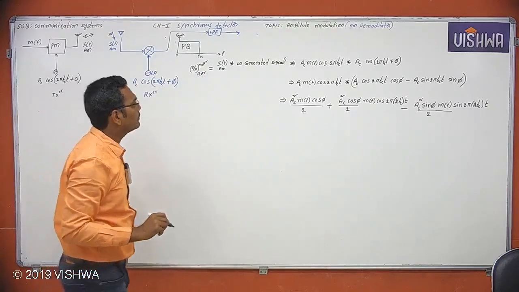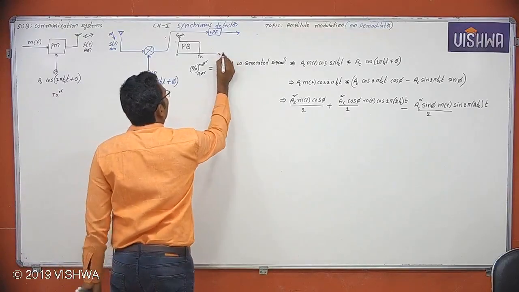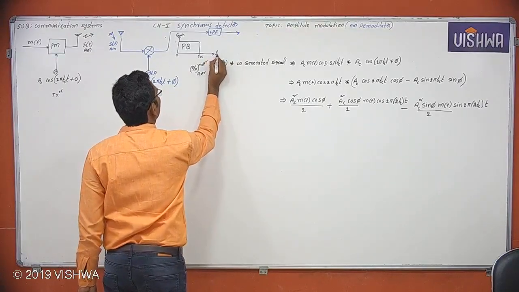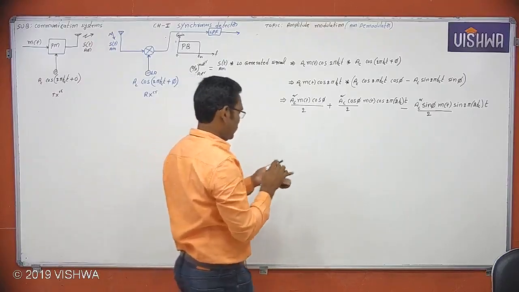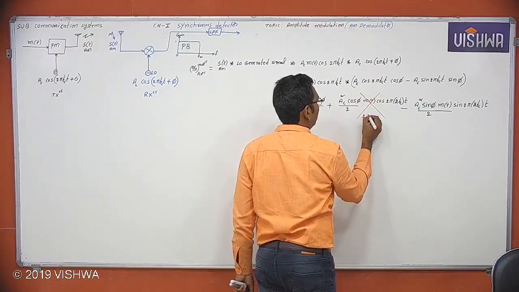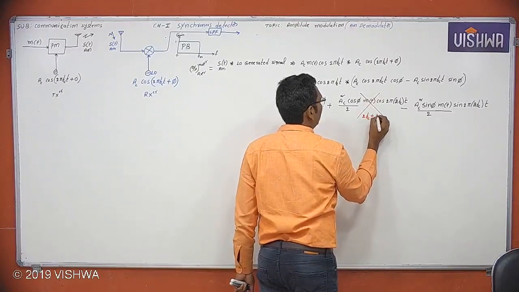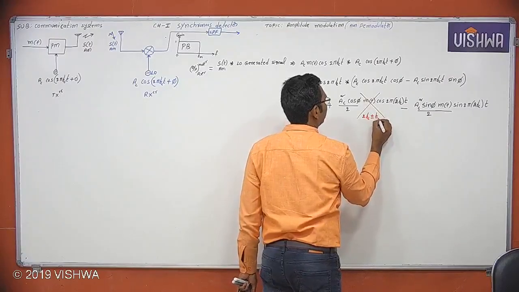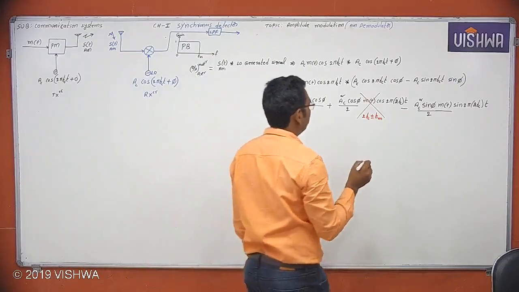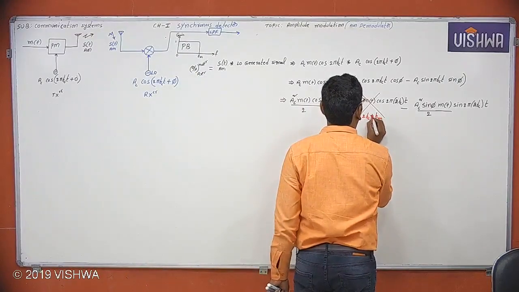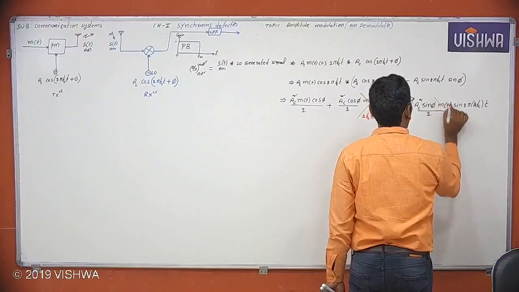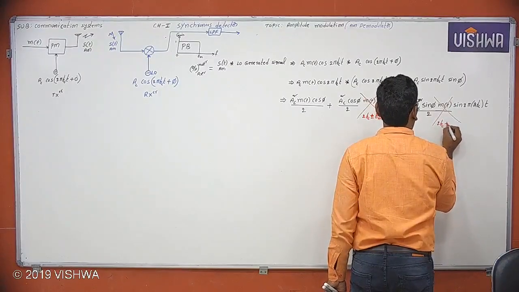Now see here, this is 2FC plus FM. 2FC minus FM is not allowed by our low pass filter. 2FC plus or minus FM is also not allowed.